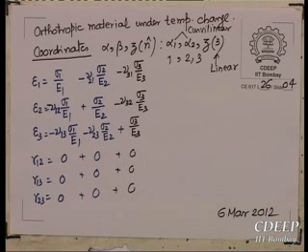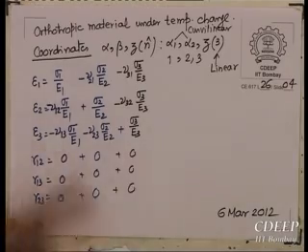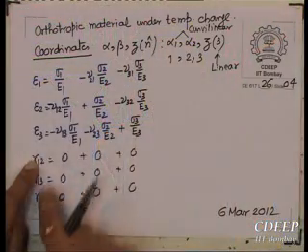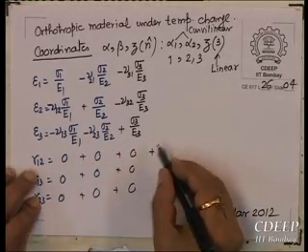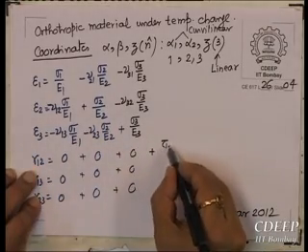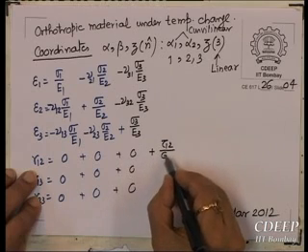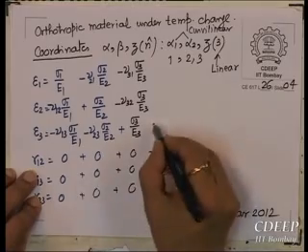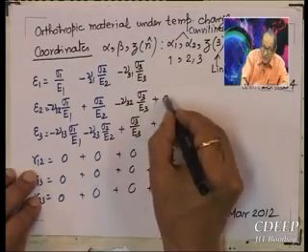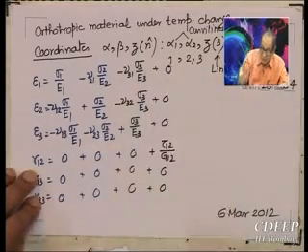Then you apply shear stress, shear stress tau 1 2. If it is in a principal direction, tau 1 2 will produce only the corresponding shear strain, not this also, not this also, and no normal strain. So it will be tau 1 2 divided by G12 plus 0 0 0 0 0.